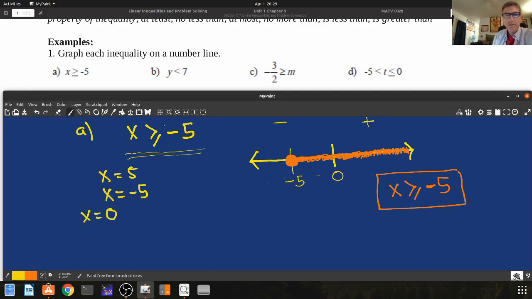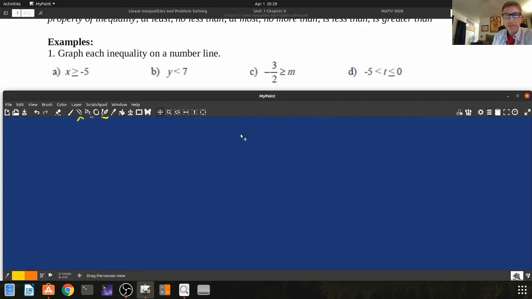Okay, so let's keep that in mind and do the next one. These first two are really just how to graph on the number line. So again, I want a number line. It doesn't have to be elaborate, and I don't even care if you divide it right down the middle with 0.